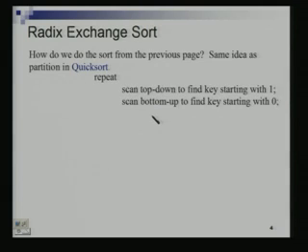The same kind of technique we use for quicksort. We will keep doing this until the scan indices cross, so that we know that there are zeros above and ones below. And how much time did this take? At most the size of the array.